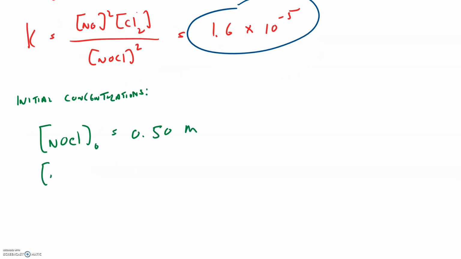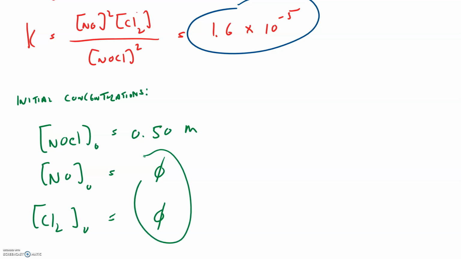And let's have initial concentrations of nitrogen monoxide of 0 and Cl2 of 0. Okay, so obviously these two being 0 means the reaction has to run to the products. It has to run to the right.